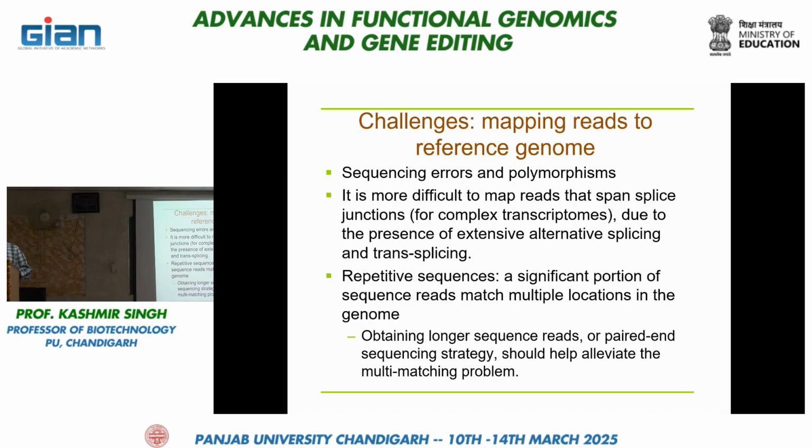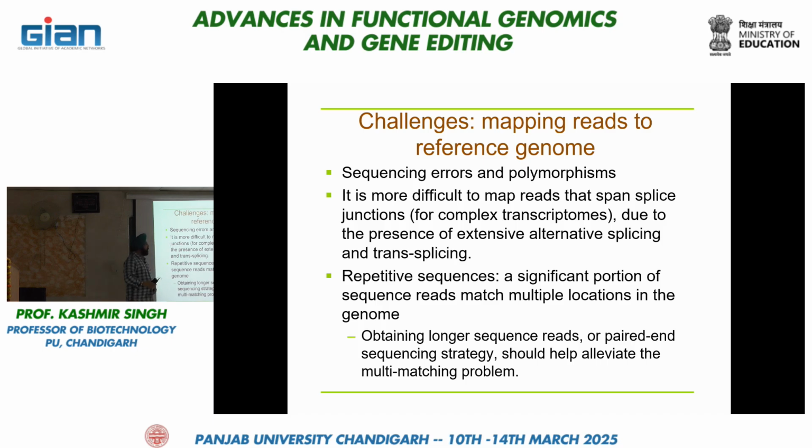Now, what are the challenges that we face in mapping reads to reference genomes? We expect a lot of sequencing errors, and polymorphism, since we have polymorphic genes, so sometimes reads don't align to the reference genome.